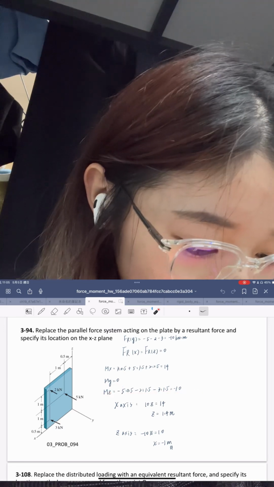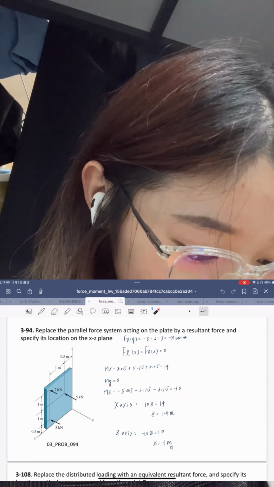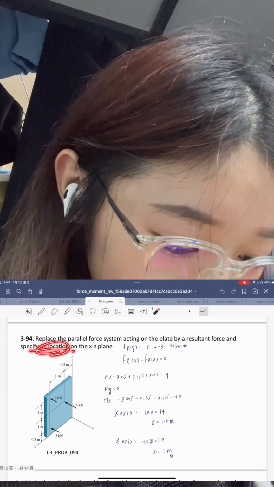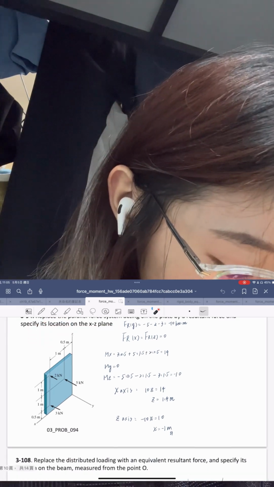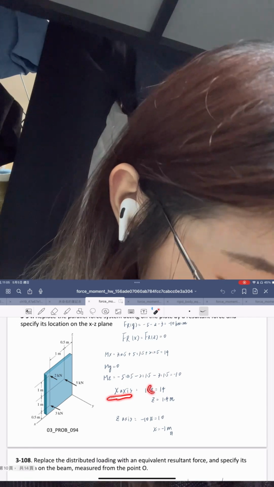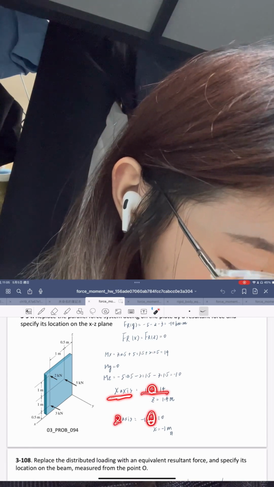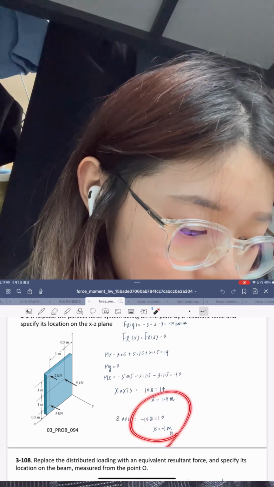If the question asks for its location on the xy plane, we have to know the x distance and the z distance, so we have to know the answer.